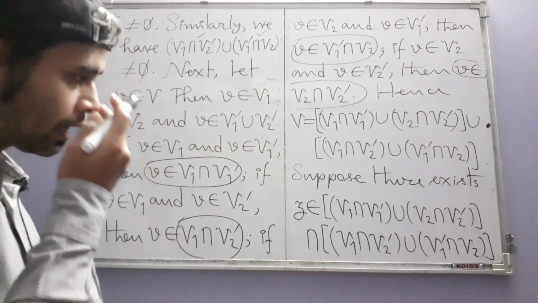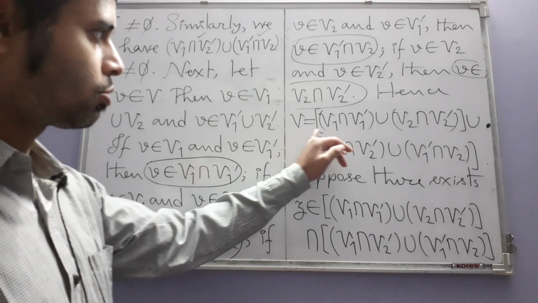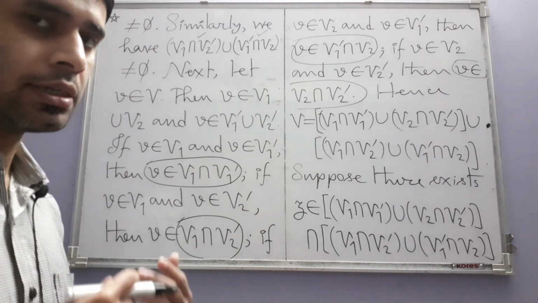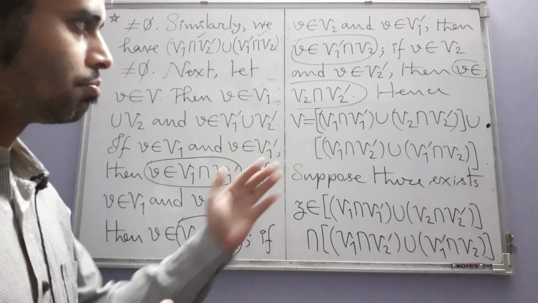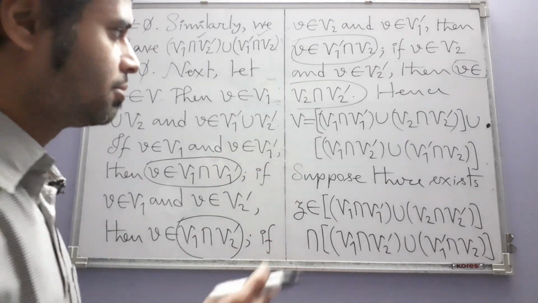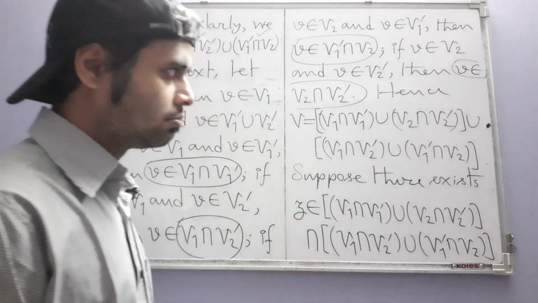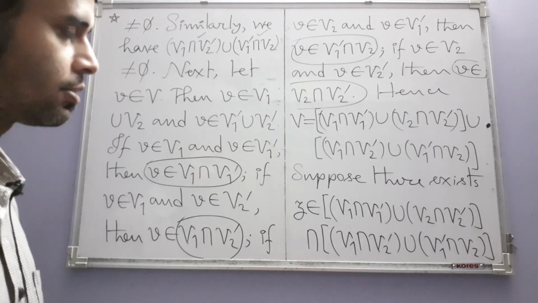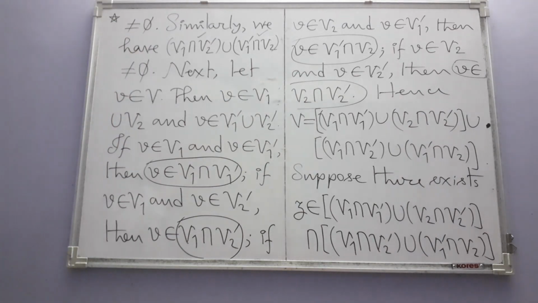If you want, you can show that this is equal to V without using elements, that is just by using properties of sets. Maybe you will be able to use the distributive law or union and intersection, those things, you may be able to get this same thing.